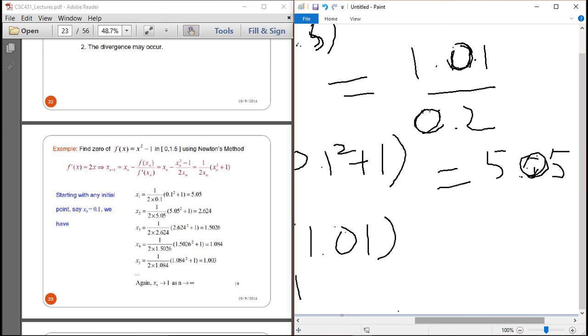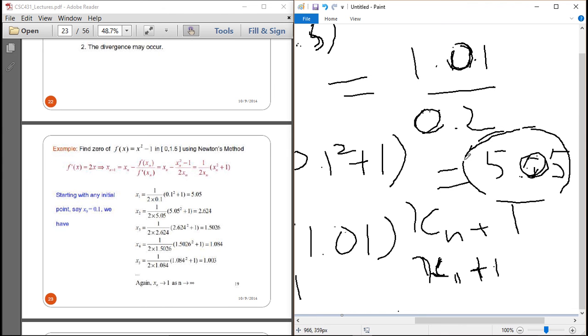Now for the next one, where n equals 1, we have xn plus 1. When n equals 1, we have x1 plus 1, which is x2. So our x2 requires the value of x1, which is 5.05. So x2 will be 1 over 2 into 5.05 into 5.05 squared plus 1.